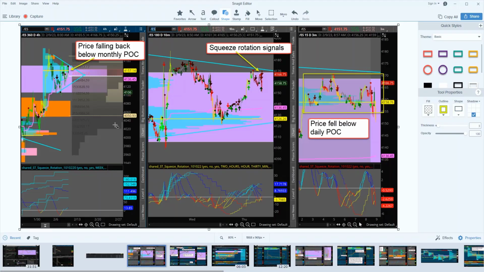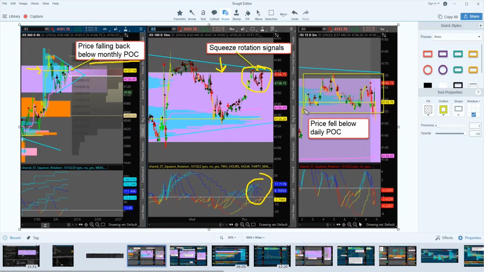Okay. So first few things. Price was falling back below the monthly point of control, which is this yellow line right here. We're starting to get below it. We're starting to get rotation signals up here at the top of this purple box, which I've been labeling as resistance. So we're starting to get rotations from the 10-minute all the way to the 2-hour time frame.